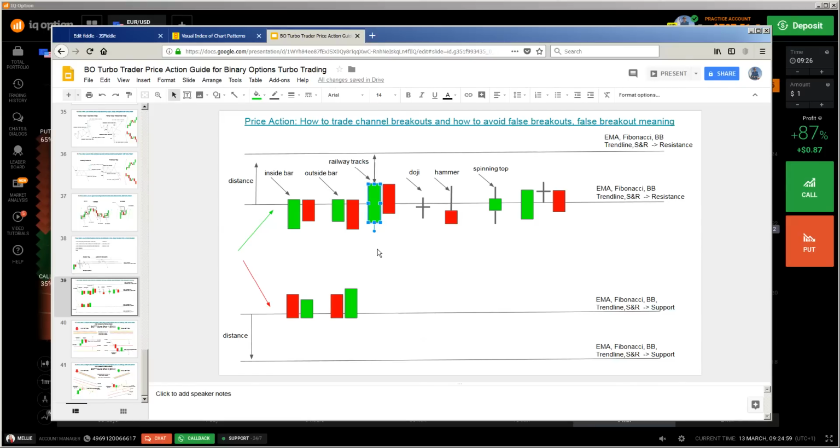So I have to draw this too, and I think I have explained everything about this fake breakout, yes. And they always look almost the same. These are the most common ones, which I faced in my experience.